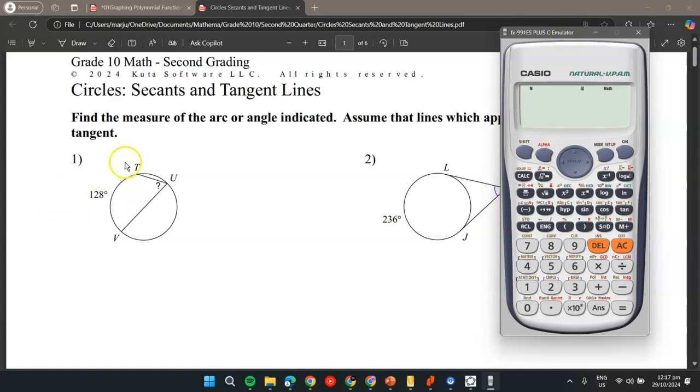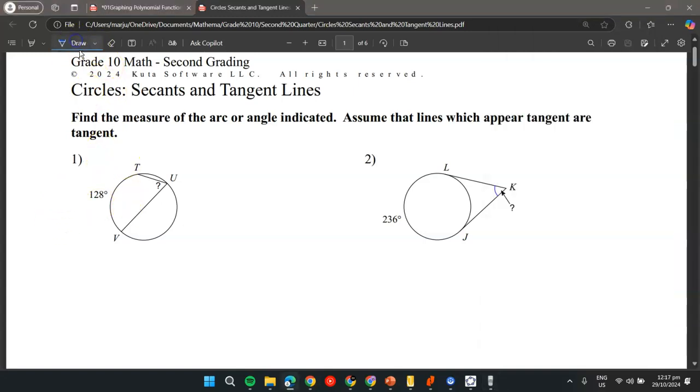So again, number one, we are asked to find the measurement of angle TUV. What do we know about this angle? This is an inscribed angle, right? By theorem, the measurement of an inscribed angle is half of the arc that it makes.